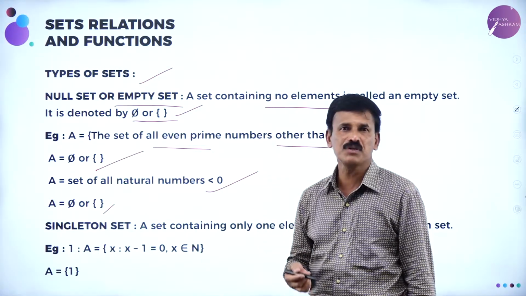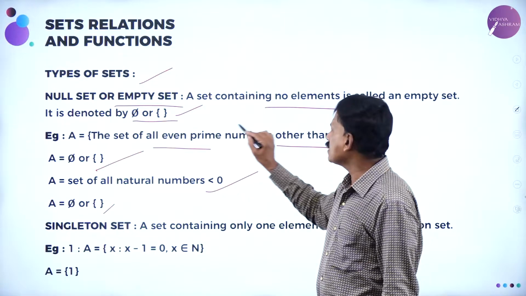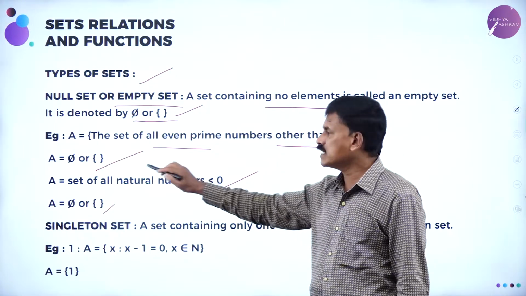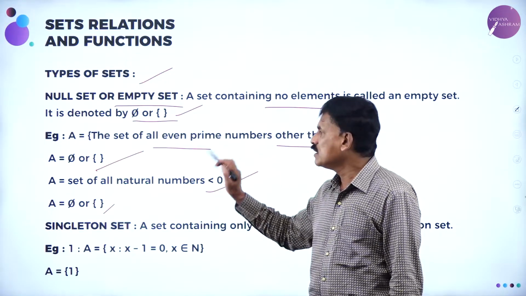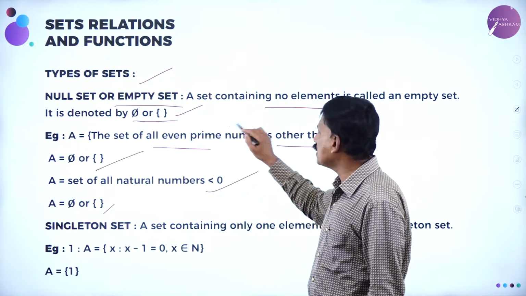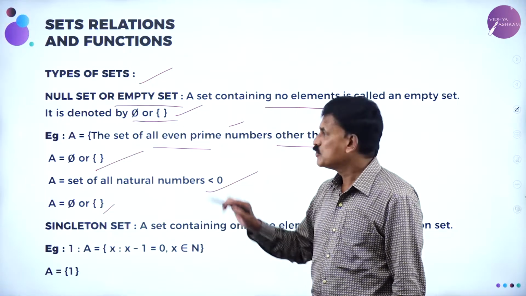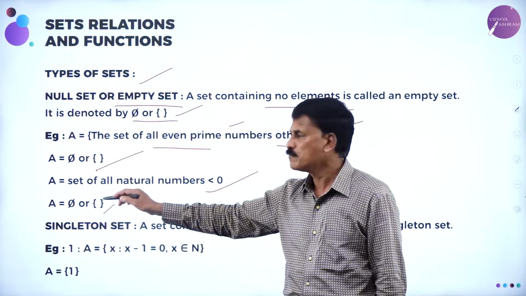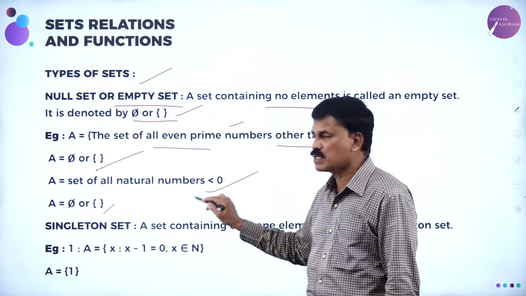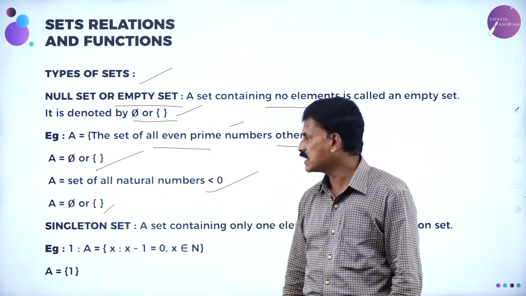It is again an empty set or a null set. The set of even prime numbers less than 2 is also a null set, because 2 is the only even prime number and less than 2 is not possible.